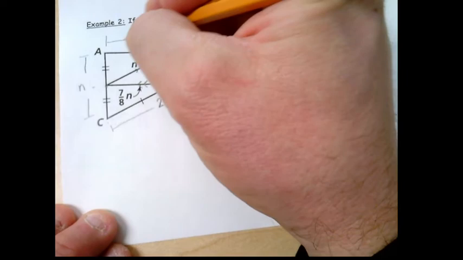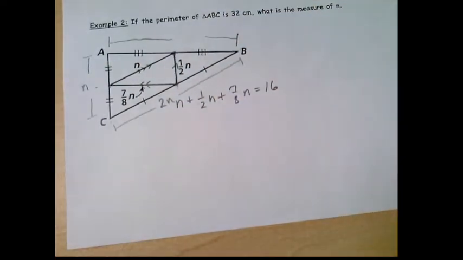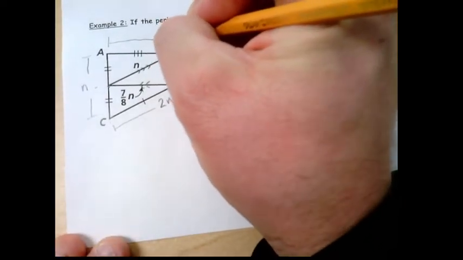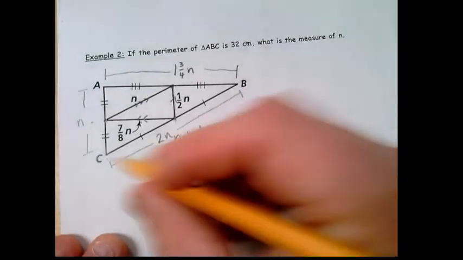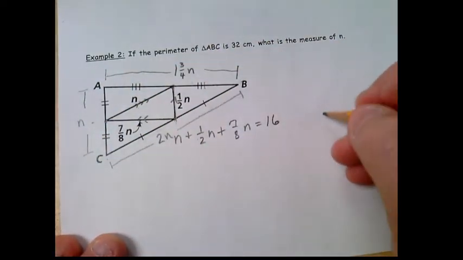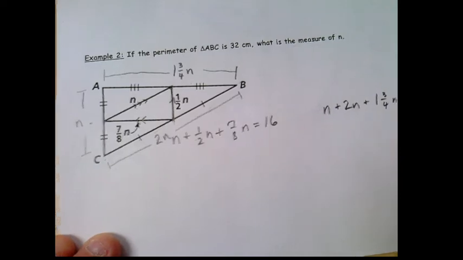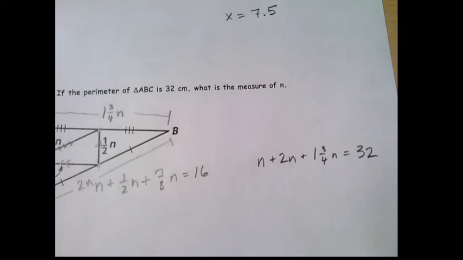And this one, if we double 7/8, we get 14/8, which would be 1 6/8 or 1 3/4. So this would be 1 3/4 n. In the end, if I add up all the n's, I could also have the equation n plus 2n plus 1 3/4 n is equal to 32. Both those equations will work out to be the exact same thing.